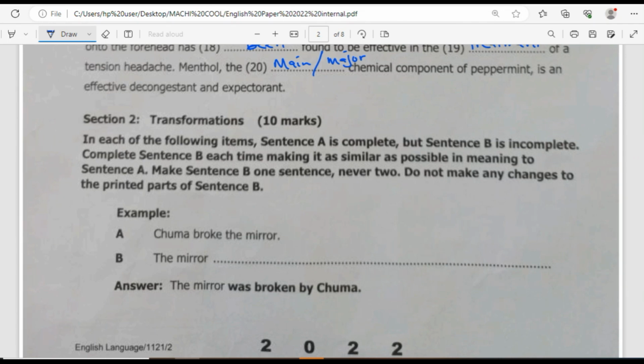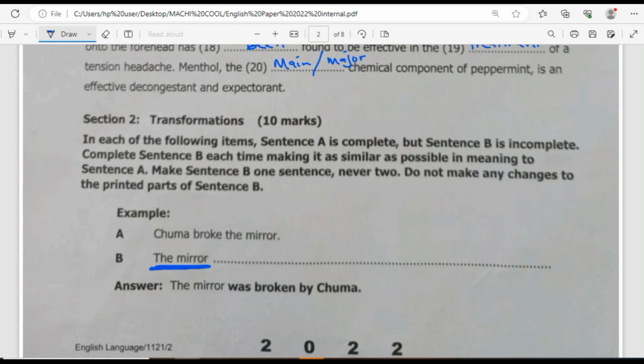Do not make any changes to the printed parts of sentence B, meaning that the first part here shouldn't be changed. When constructing the second sentence, it should mean the same as sentence A, so the meaning shouldn't differ. And you shouldn't write two sentences.